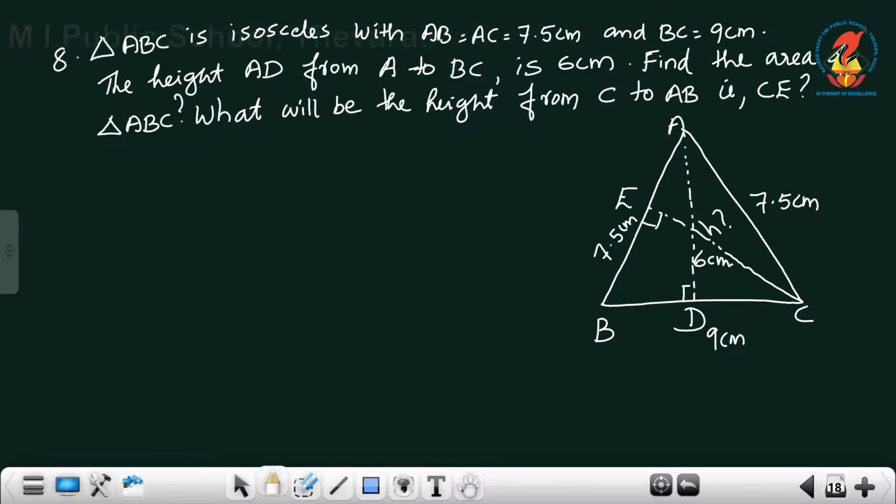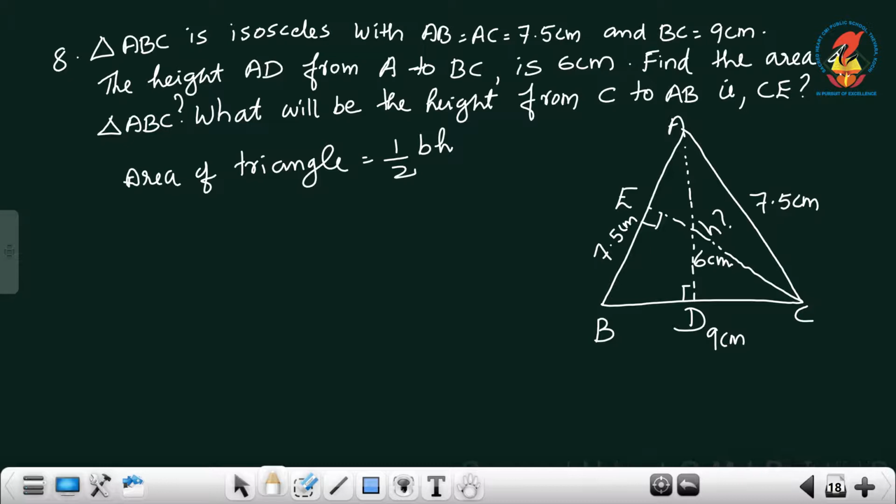Okay, first you calculate the area of triangle ABC. That time you should consider BC as a base and height equal to AD. Area of triangle is equal to half into base into height.